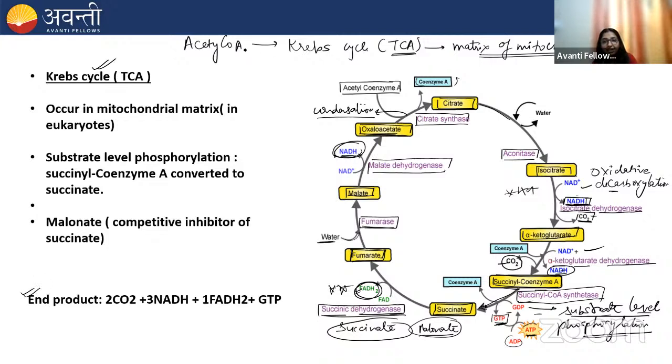But as you know, when glycolysis takes place, glucose is converted to 2 molecules of pyruvate. When pyruvate is converted to acetyl-CoA, this reaction is catalyzed by pyruvate dehydrogenase.